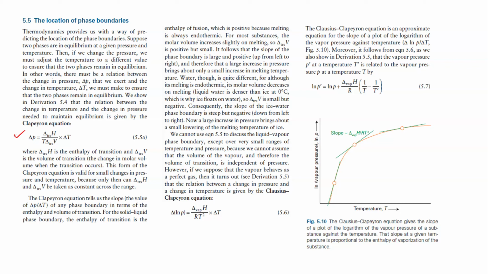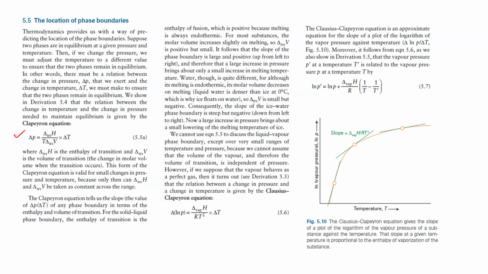This form of the Clapeyron equation is valid for small changes in pressure and temperature, because only then can delta transition H and delta transition V be taken as constant across that range. The Clapeyron equation tells us the slope, the value delta P over delta T, of any phase boundary in terms of the enthalpy and volume of transitions.